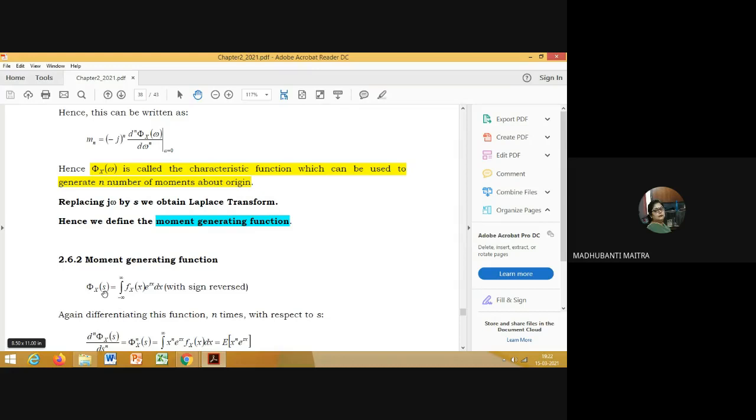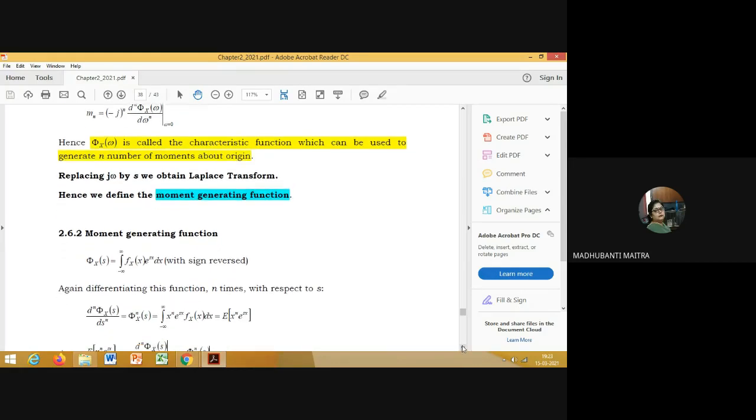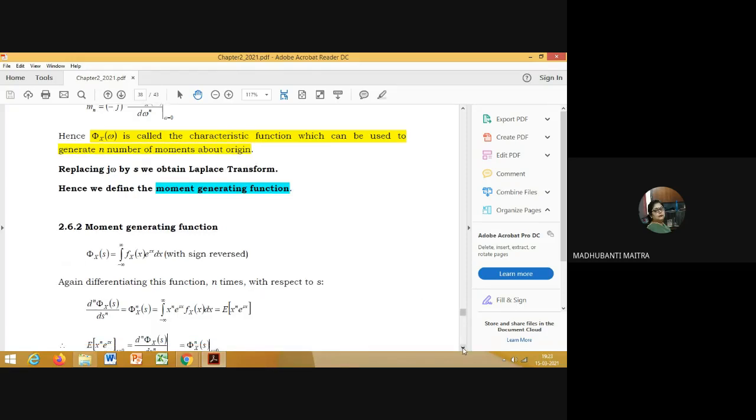Now the argument will be s instead of omega, and it will be given by the integration from minus infinity to infinity of f(x) e to the power s x dx. So this is nothing but the Laplace transform. Again, here we see that the sign on x is reversed, so we'll follow the same procedure.